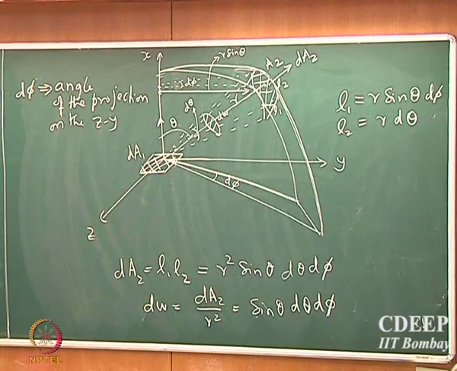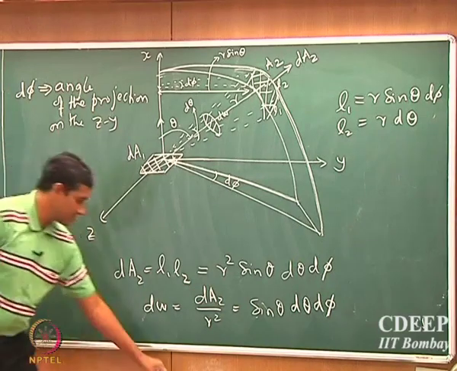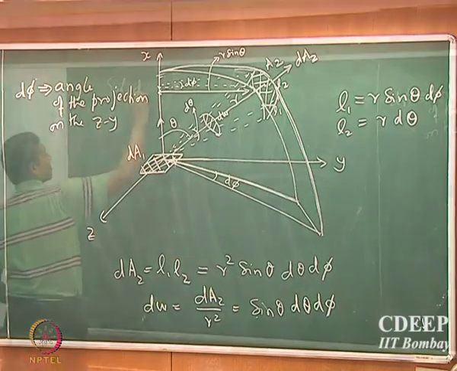Is that clear to everyone? You must understand this very clearly. Okay, supposing I want to find the solid angle of the hemisphere, how do I do this? Solid angle of hemisphere.